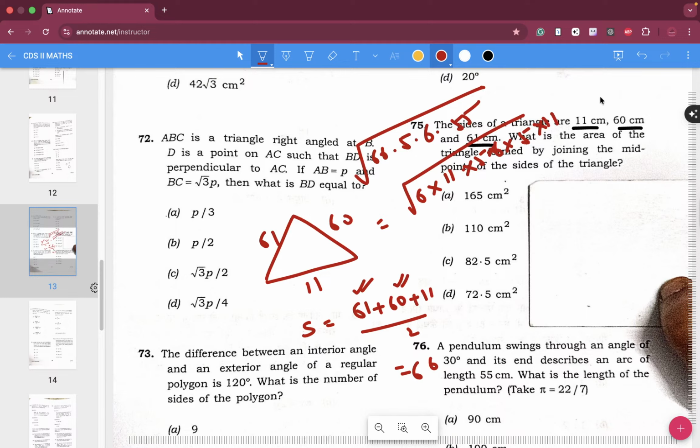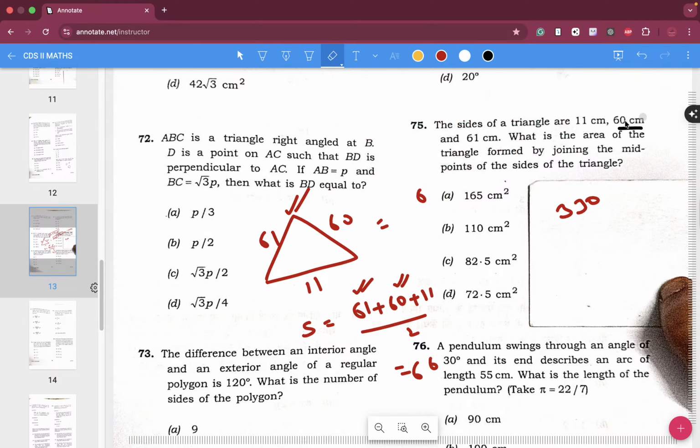You can take one 11 out, one 5 out and one 6 out. 11 into 5 is 55, 55 into 6 is 330. The area of this given triangle is 330.